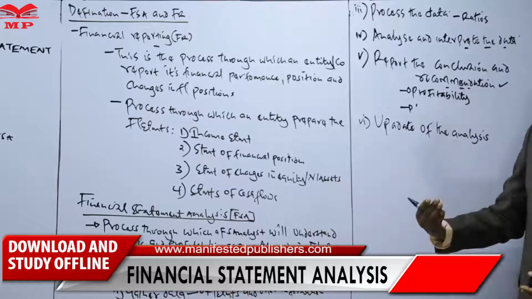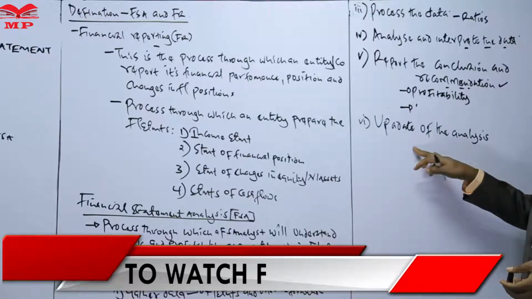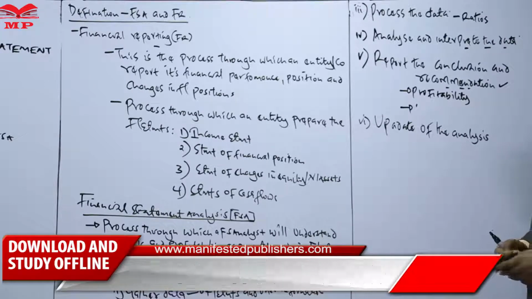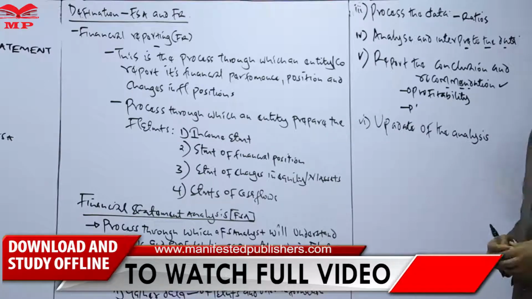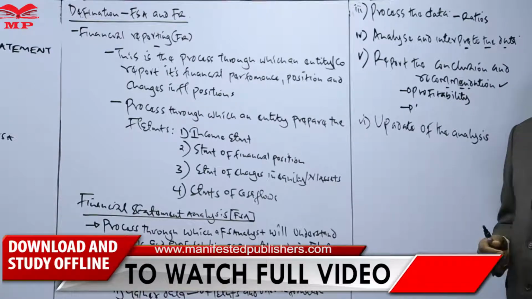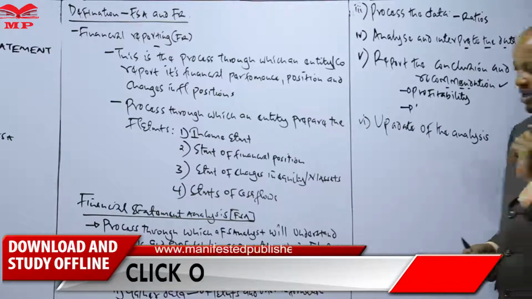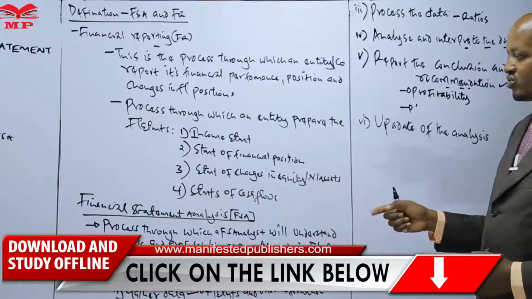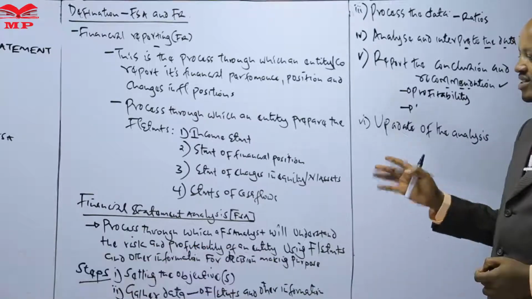So if he gets more information, he will be required to update his analysis and communicate that to the person on whose behalf the analysis was done. So what you need to note is that whenever financial statement analysis is to be done, we have those 6 steps.